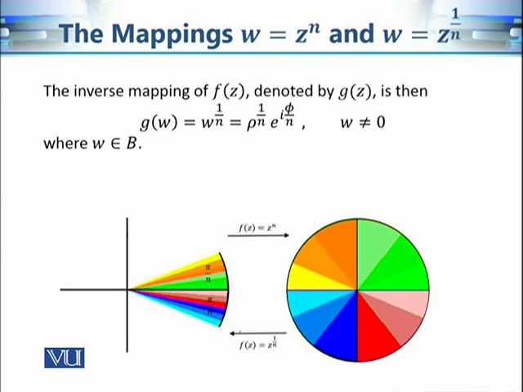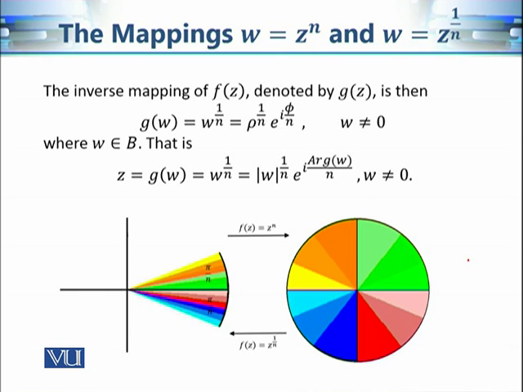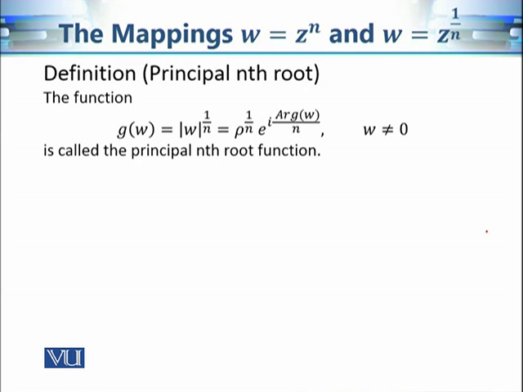If this set is B, the unit disk, it will be mapped onto this sector. Once again phi is the principal argument, so the inverse image is going to be a unique complex number. It's an important function, so we name it the principal nth root function.